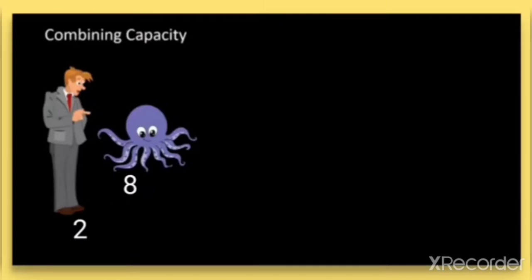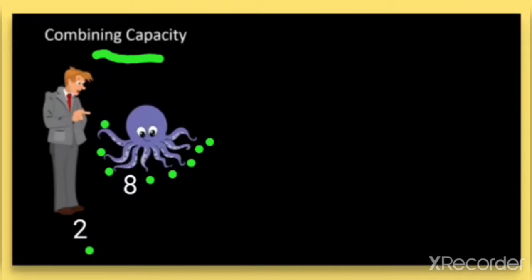Let us count the number of arms: 1, 2, 3, 4, 5, 6, 7, 8. There are 8 arms for an octopus, and for a human there are only 2 arms. Now these arms we can consider as a combining capacity.